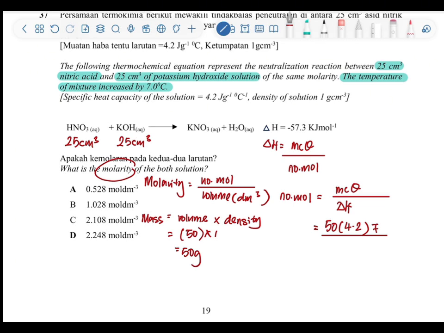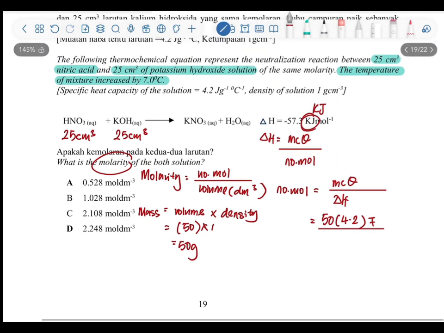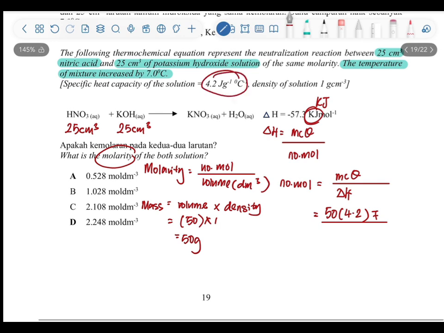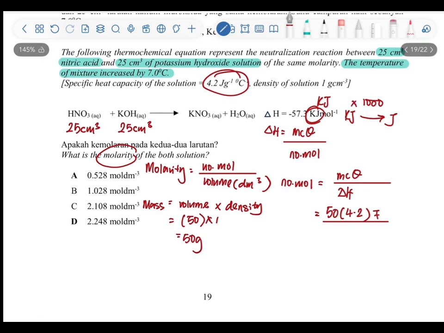if you notice, this delta H is in the unit of kilojoule, kJ. For the specific heat capacity, it is joule. So we need to do some kind of conversion so that we can get the correct answer. In order to convert kilojoule to joule, we need to multiply by 1000. So this is 57 times 0.3 times 1000, and then we will get the answer.